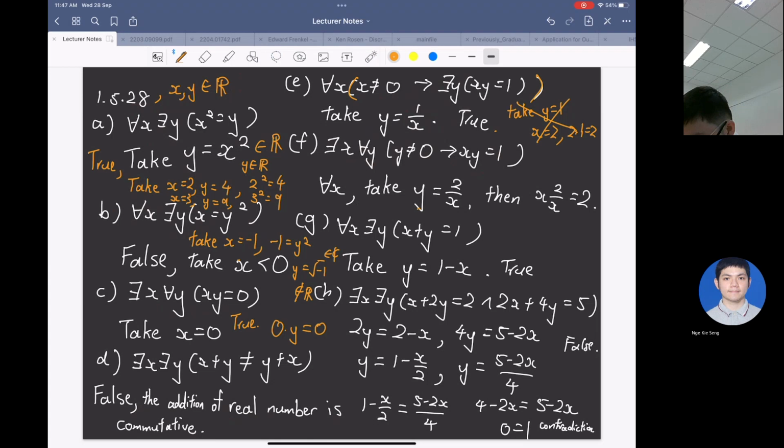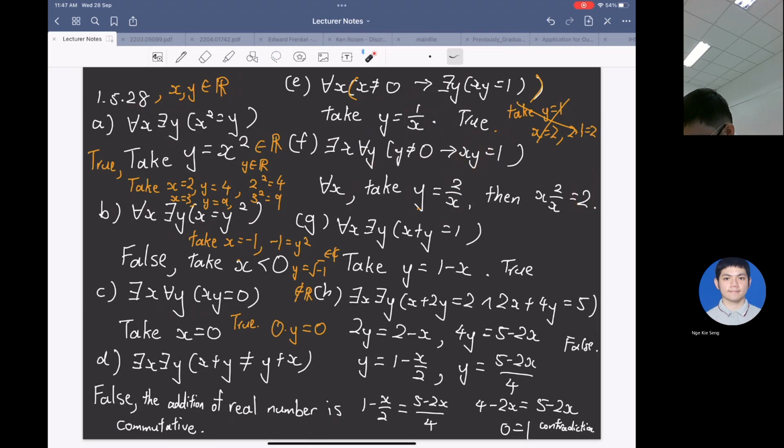Because for every x you give me, I can produce a y such that xy is not equal to 1. If you give me a number x, I just take y equals 2 over x. When I multiply them together, I get 2.